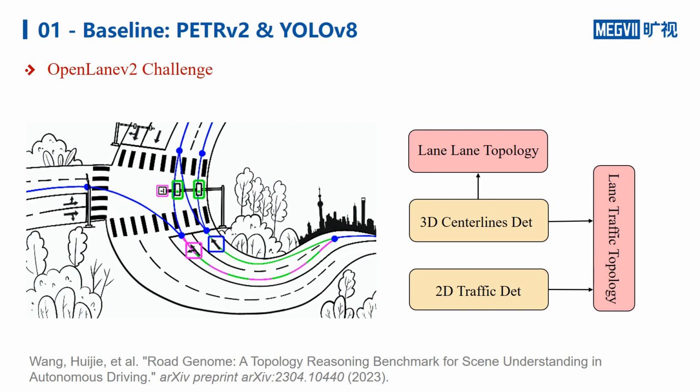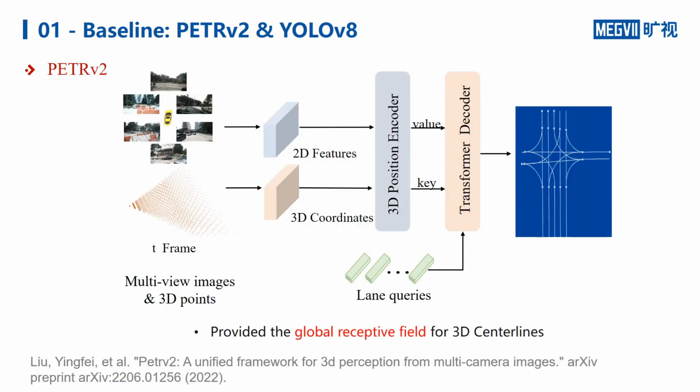The exploration of topological relationships is built upon the foundation of 3D centerlines detection and traffic elements detection. Therefore, the selection of baselines for 3D centerlines detection and traffic elements detection becomes even more crucial. Different from previous 3D lane detection tasks, 3D centerlines often lack conspicuous geometrical features within images.